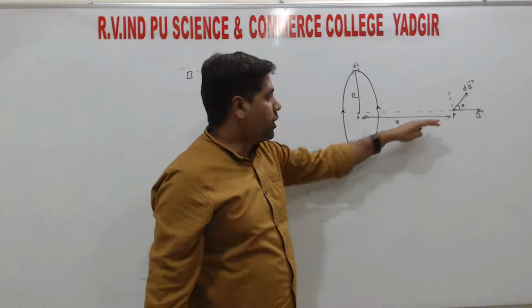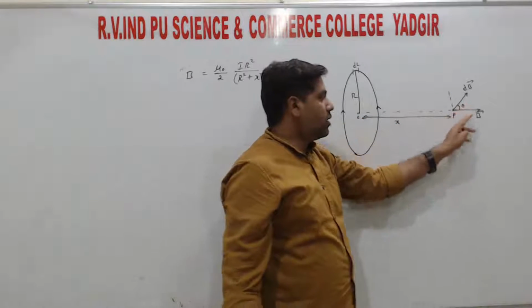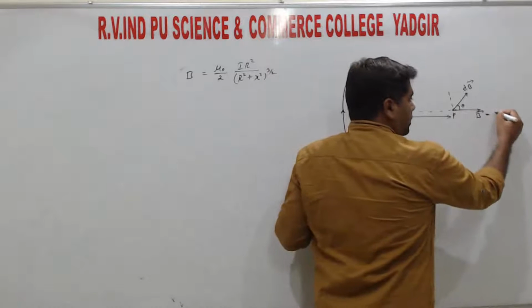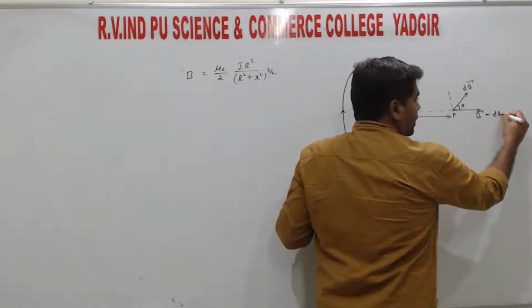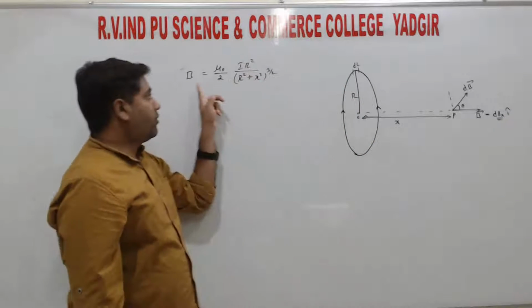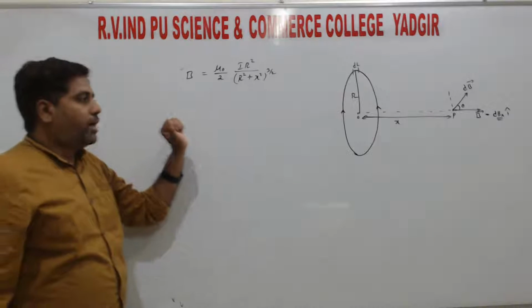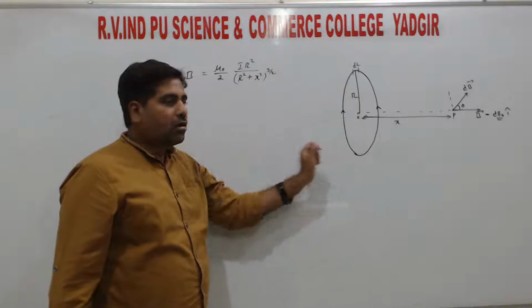The vertical components add up and cancel, so we only get the component along the x axis, dB x i cap. On summation we get B. So this is the relation to find the magnetic field over a circular loop.